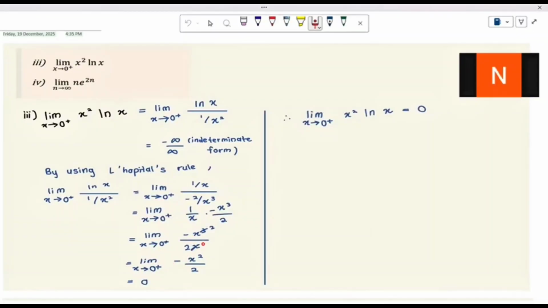So x cubed over x, we can cancel to get negative x squared over 2. Substitute 0 from the right into x, we got 0. And in conclusion, limit of x squared ln x as x approaches 0 from the right is 0.